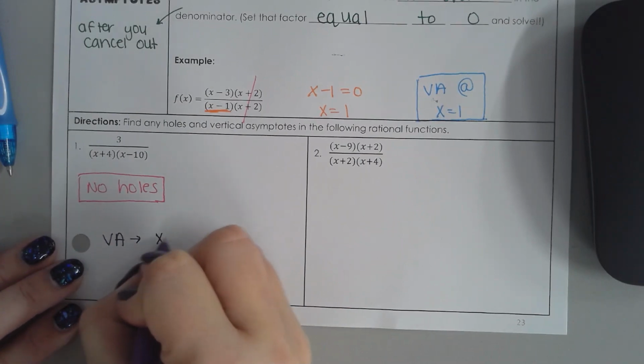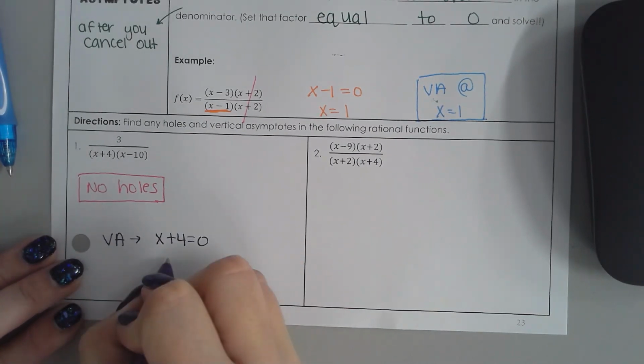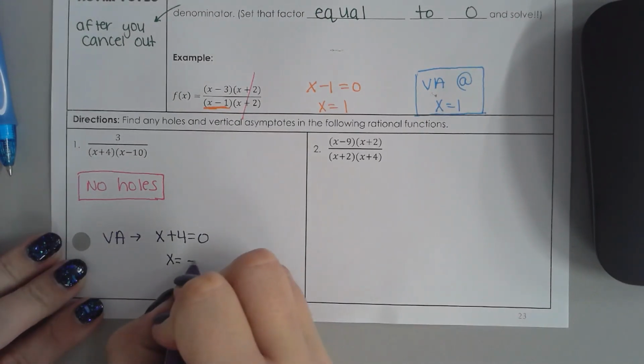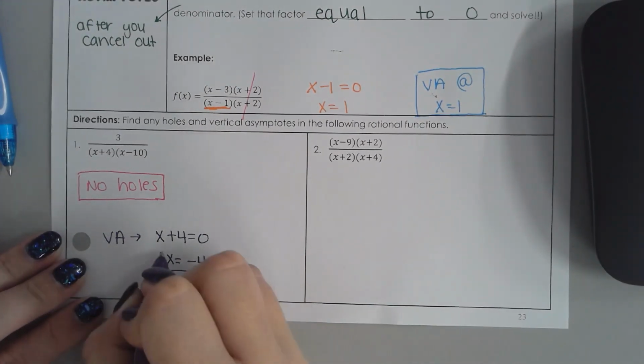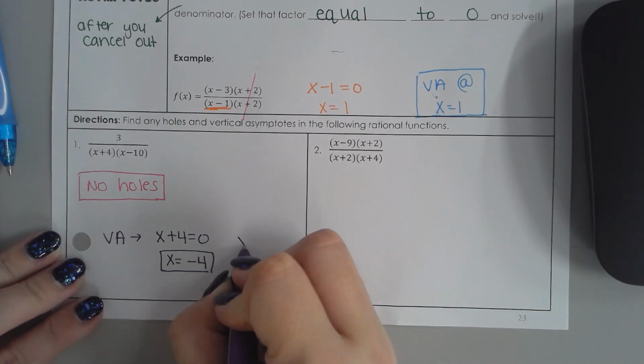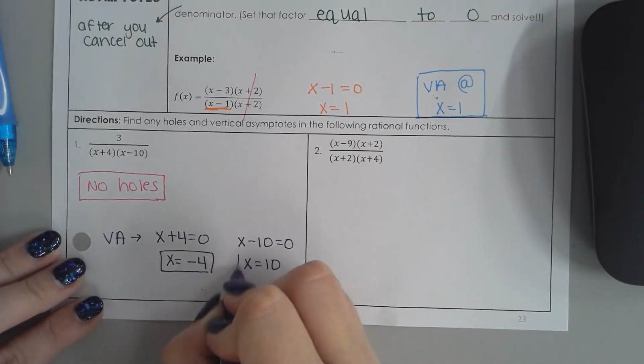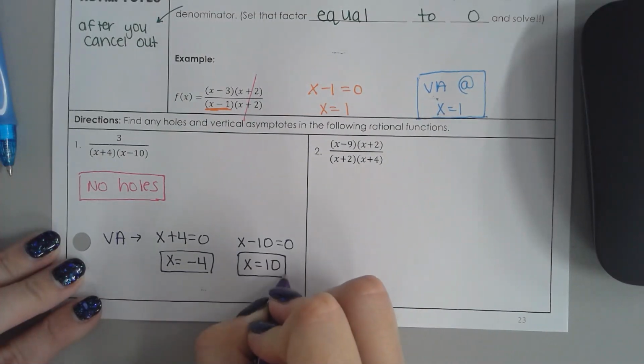I'll do x plus 4 equals 0, which gives me x equals -4. And x minus 10 equals 0, which gives me x equals 10.